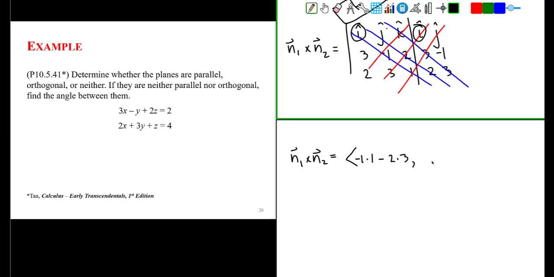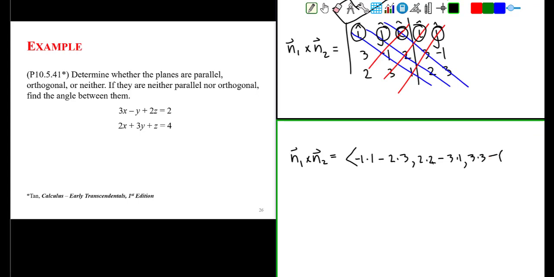For the y component, we have the product 2 times 2 down that diagonal. And then the opposite diagonal, we have the product 3 times 1, which we're going to subtract from 2 times 2. And for the z component, looking down the z diagonal that goes to the right, that is the product 3 times 3 minus the z diagonal that goes down to the left.